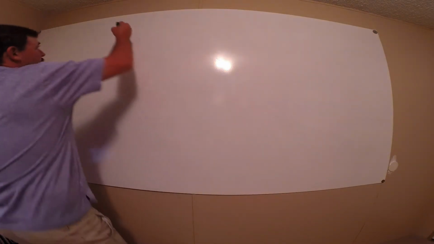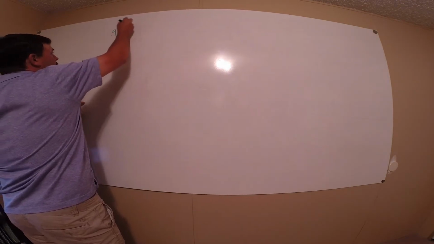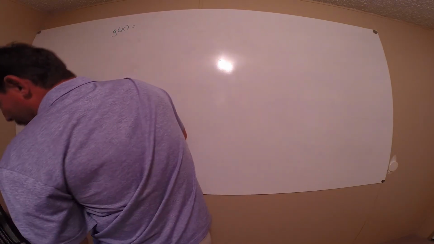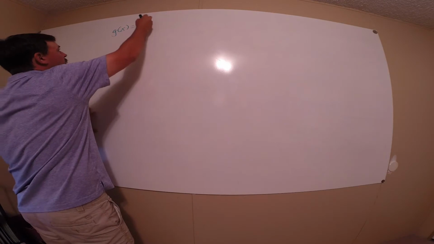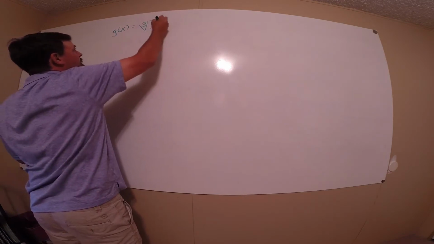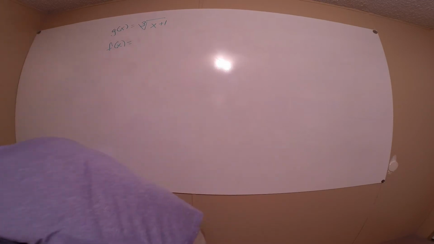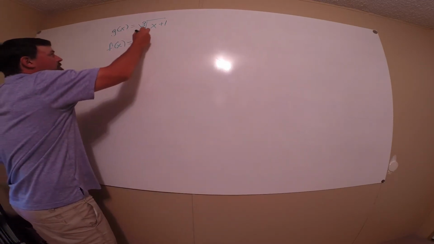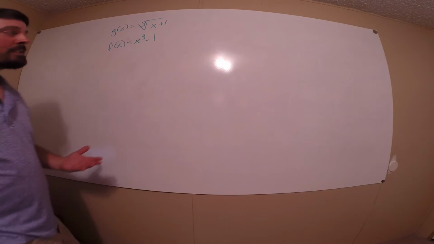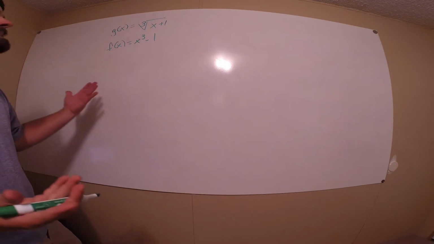Alright, so the original function, remember, let's go ahead and write this g of x function now. G of x equals the cube root of x plus 1. That's the one we found. Our original function was f of x equals, I believe, x cubed minus 1. If we want to verify they're inverses, we just got to plug each of them into each other and we have to get x.